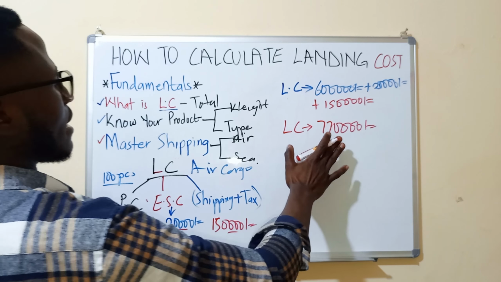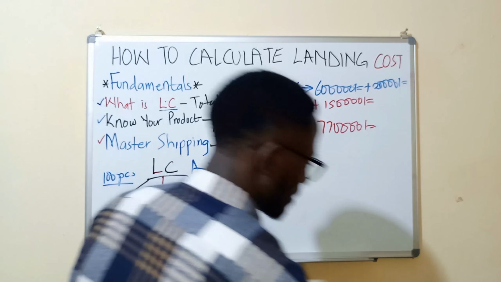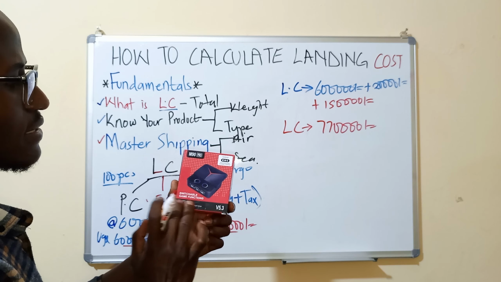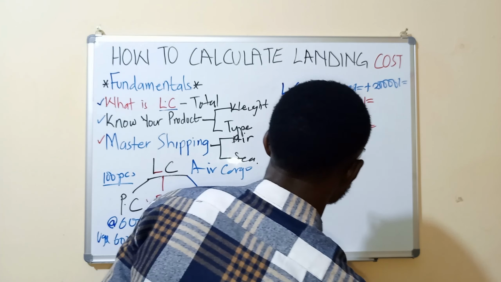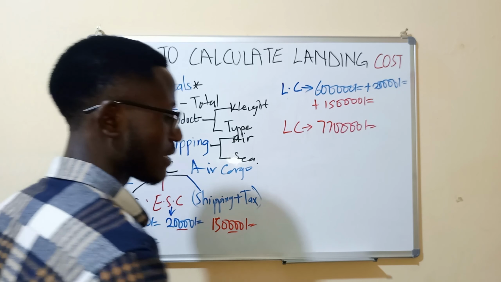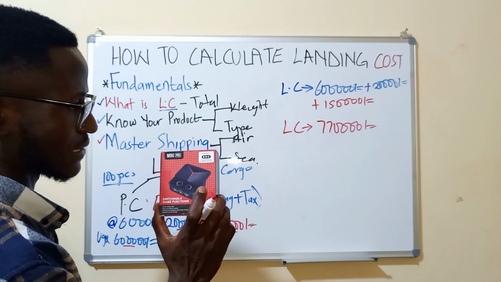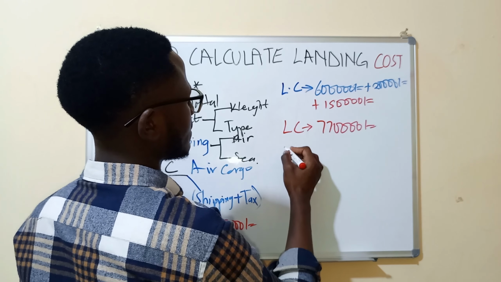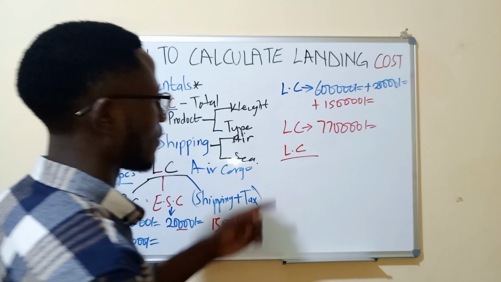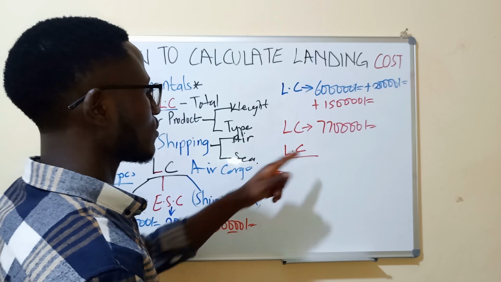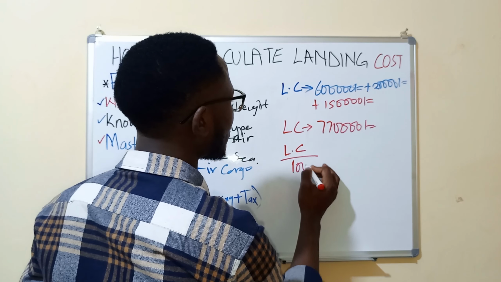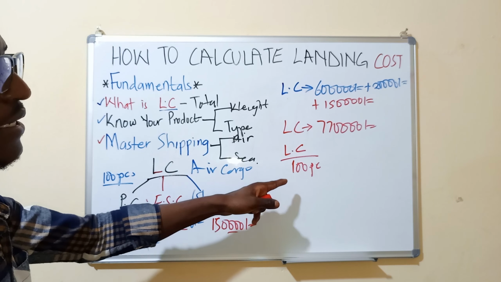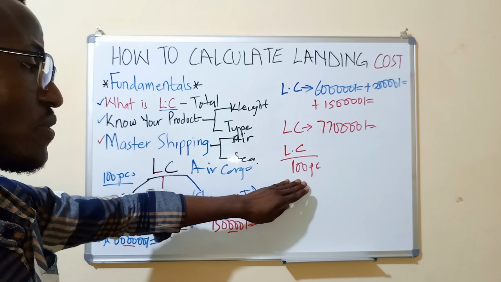So let me say I've spent this to import 100 pieces of these earbuds. I want to find how much I'm going to sell each one for. This is what I normally do: I take the landing cost divided by the number of pieces that I brought.